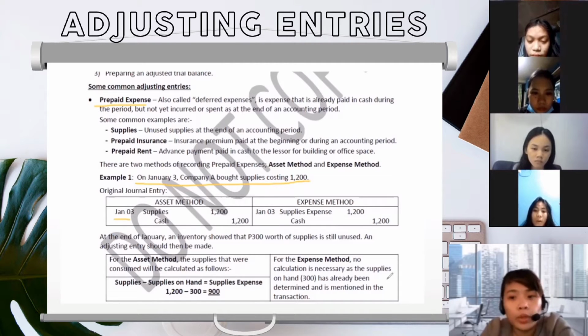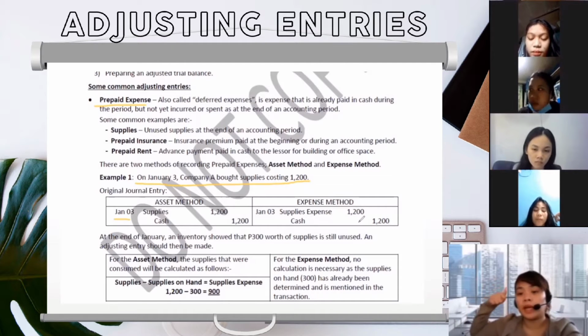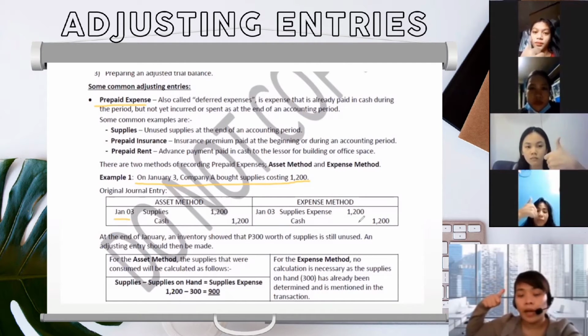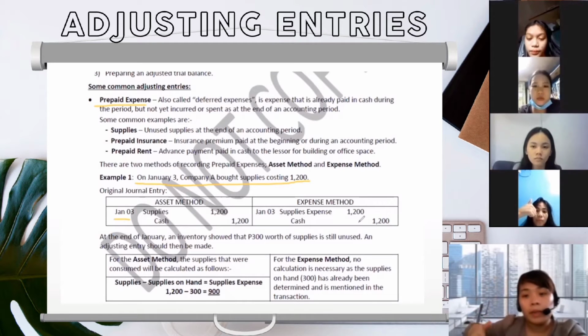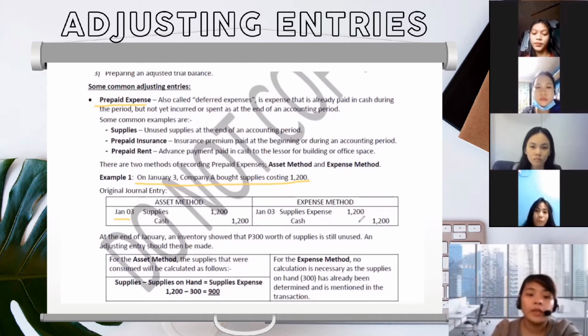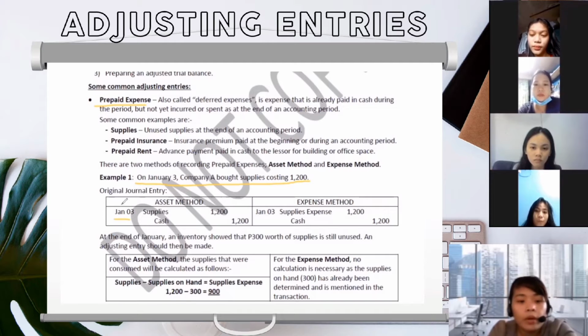Just like what I mentioned to you last time, it depends upon the company. Some companies require it on a monthly basis. Can I see a thumbs up if you remember? So it is either on a monthly basis or per year. Here in our example, it is per month.